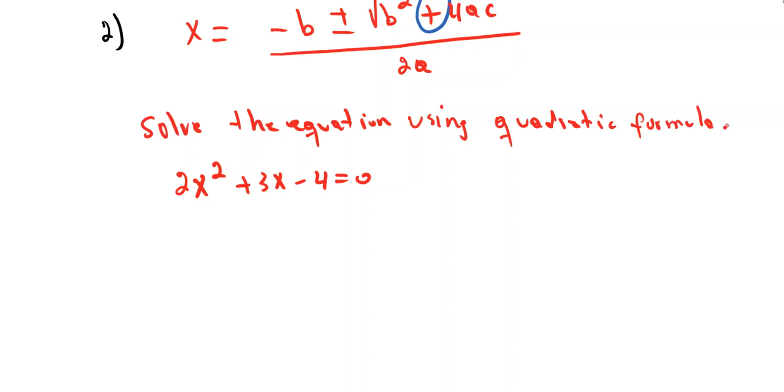From here you should first know that a is 2, b is 3, c is negative 4.